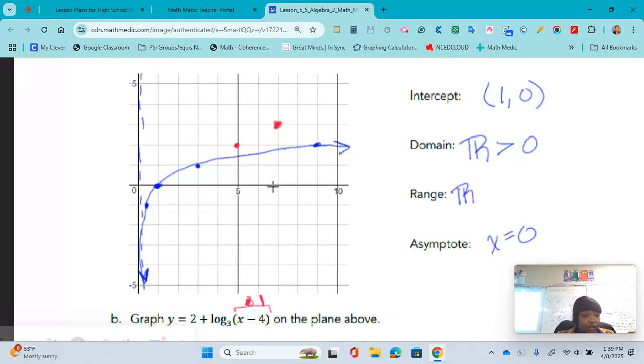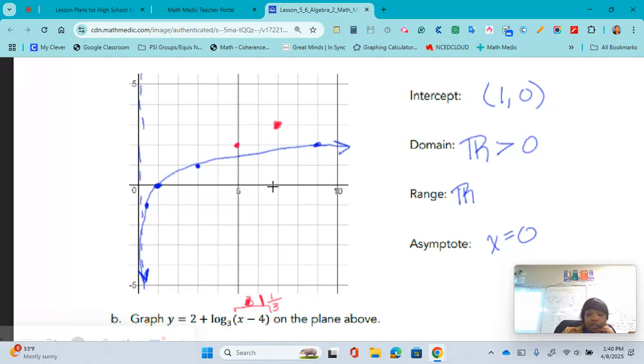And then I could do log base 3 of 1/3. So 3 to what power will give me 1 over 3? Negative 1.